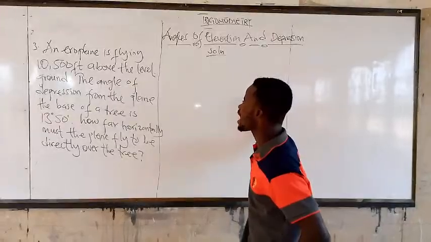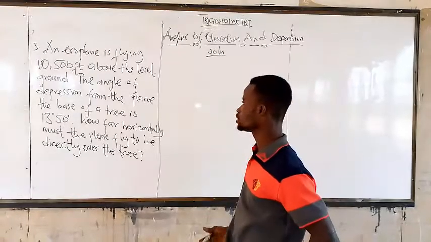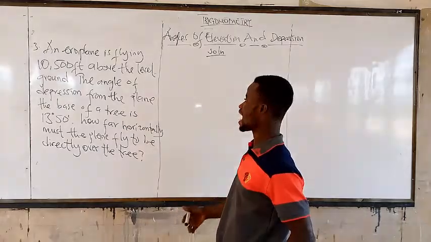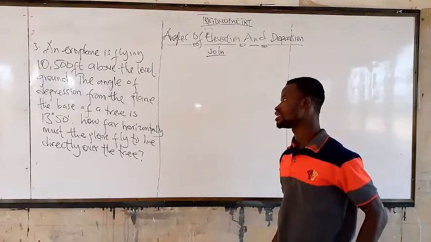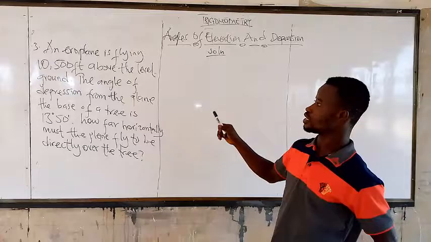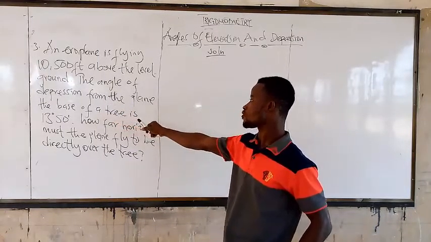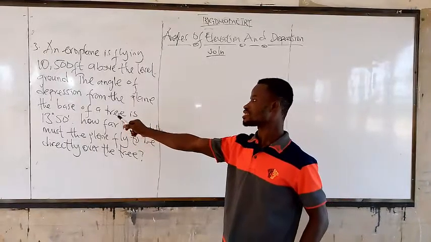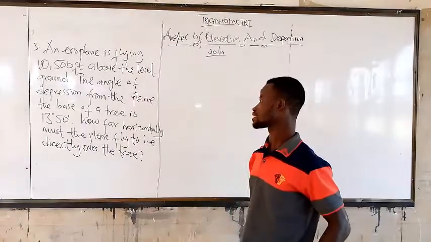So that is telling you that... The angle of depression from the plane to the base of a tree is 13 degrees, 50 minutes.